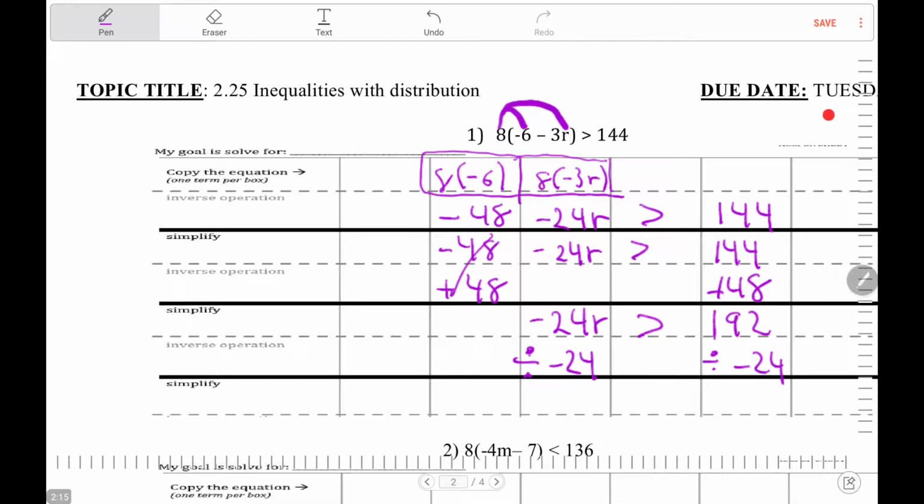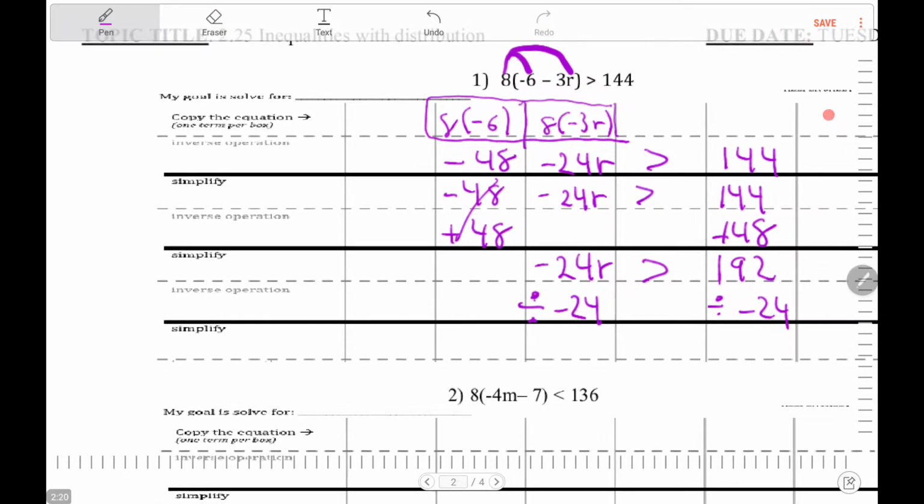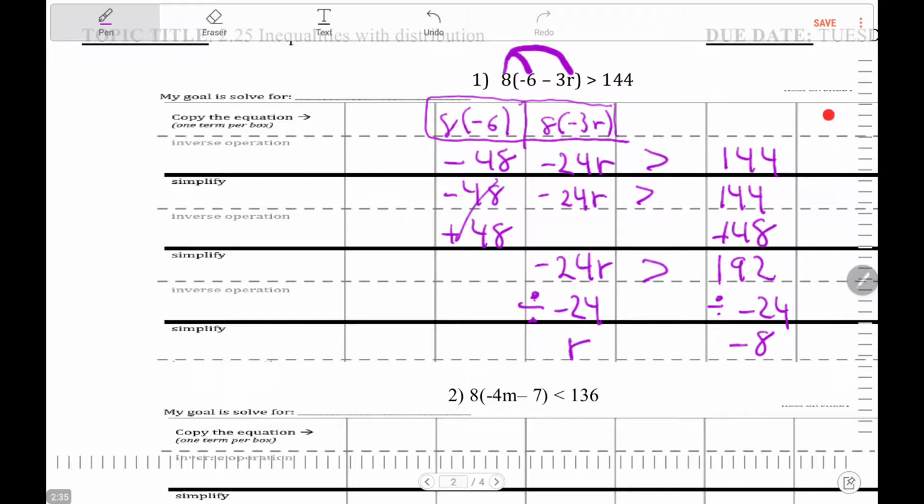So yes, this is going to be 8. So sorry, -8. So 192 divided by -24 is -8. And this is an r. Okay, now do we change the sign? We divided by a negative. So yes, we do. So we have r is less than -8.